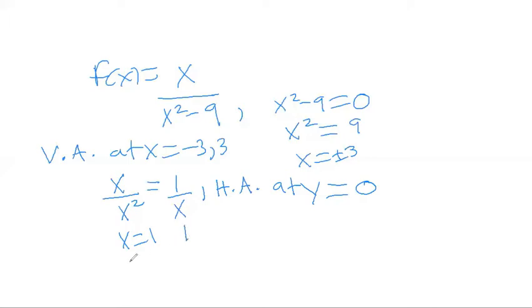If x is 2, that gives me half. If x is 3, that gives me 1/3. As my x value is increasing, the value of the expression is getting smaller. So as x gets bigger, y is getting smaller, which means it's going to wind up approaching 0.